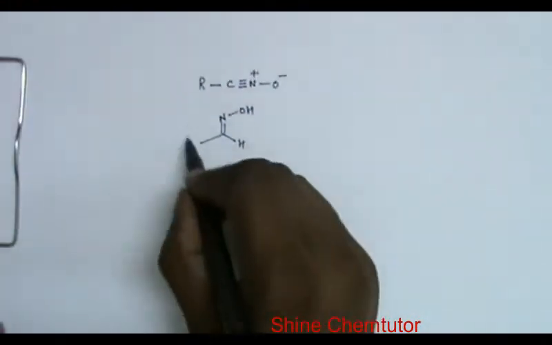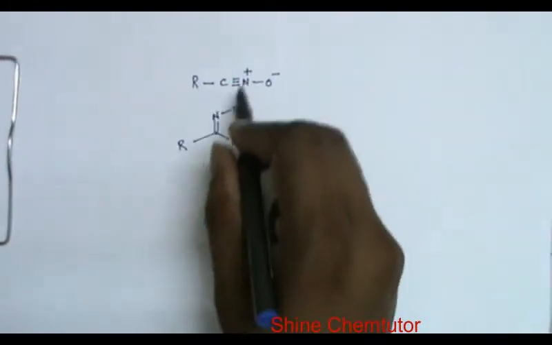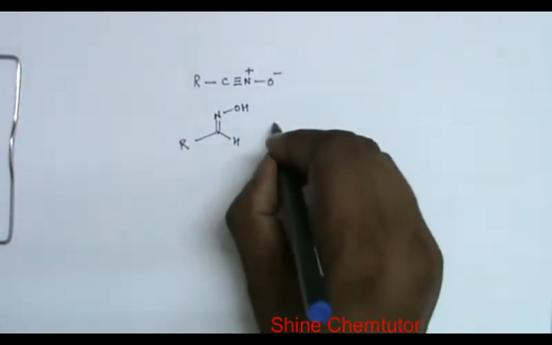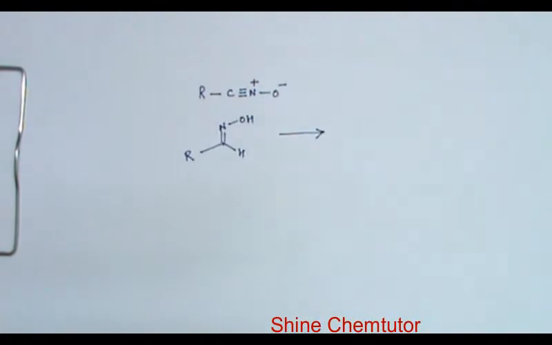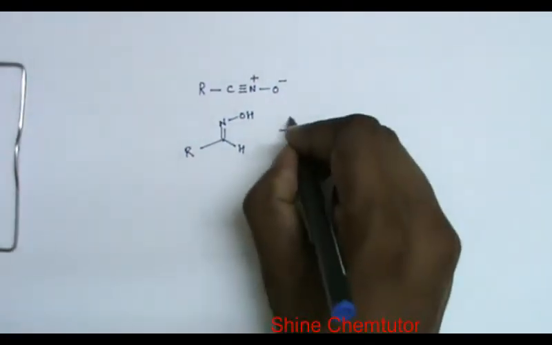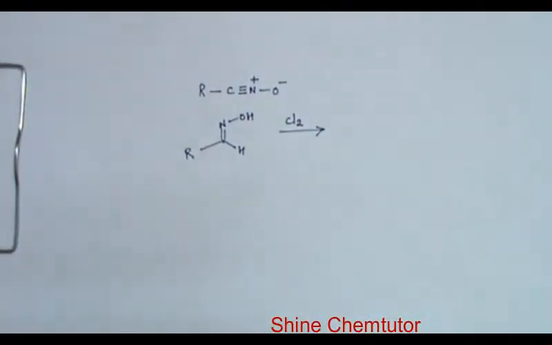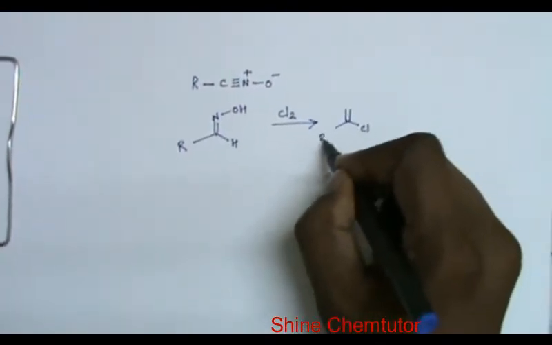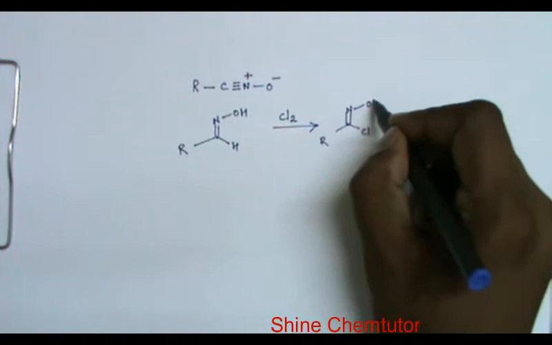You can find here R is there, carbon is there, nitrogen is there and oxygen also is there. It is prepared by a two-step process. First one, it is treated with chlorine. During that time, it undergoes oxidation like this.